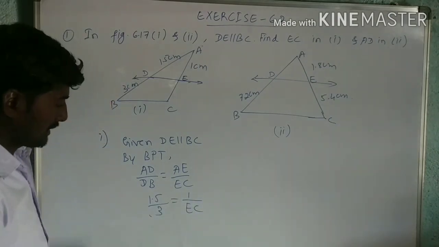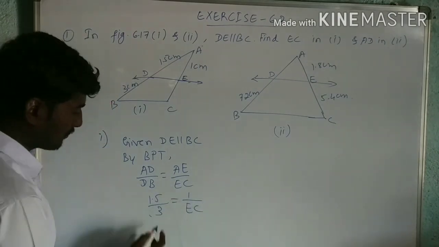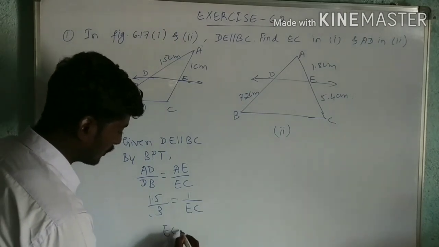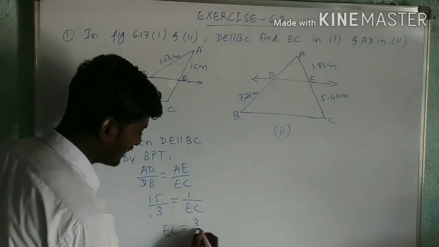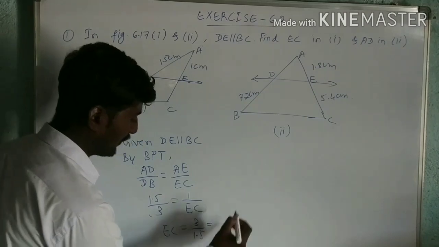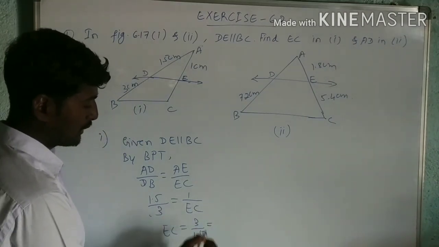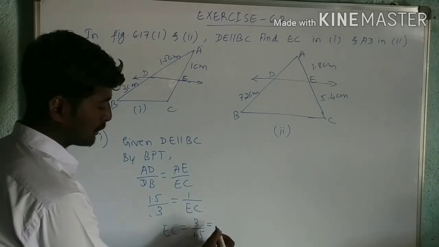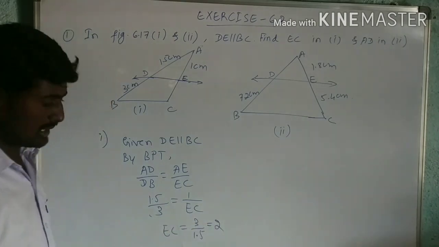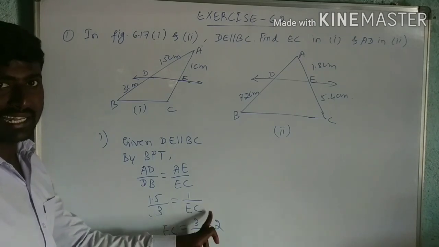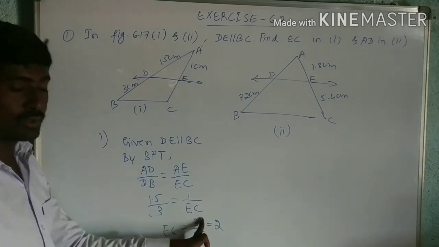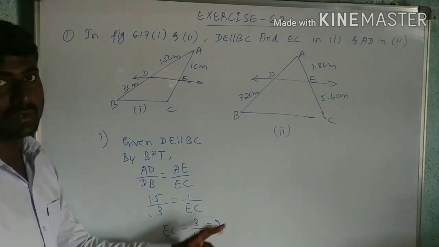Okay. Next. So EC I am going to get, EC is equal to, cross multiplication, I am getting 3 divided by 1.5. Now, 1.5 twos are, how much will I get? 2. Otherwise you can divide it as 15 divided by 10. So 15 by 10, 10 goes to the numerator, 30 divided by 15. 15 twos are 30.